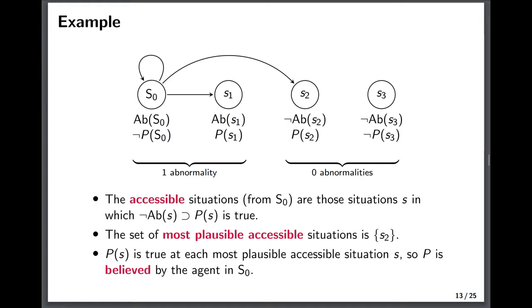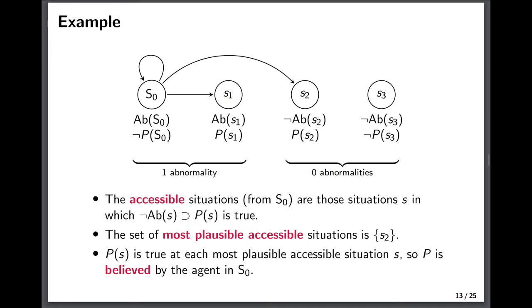In this graph, the nodes represent different situations, and these edges represent the epistemic accessibility relation. So let's say the agent is in S0 on the left. So the accessible situations are S0 itself, S1, and S2. Now we see that each situation has various propositions that are true at it.